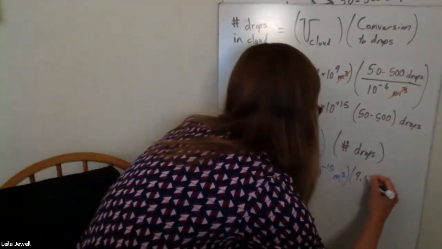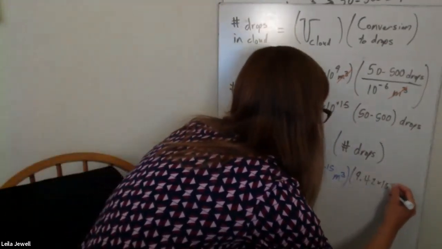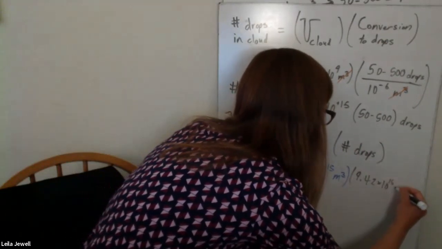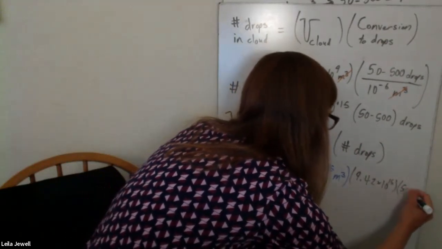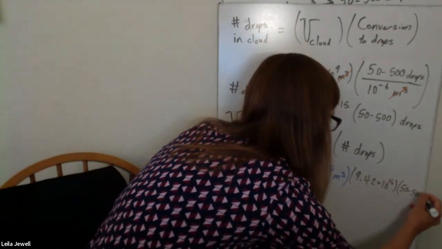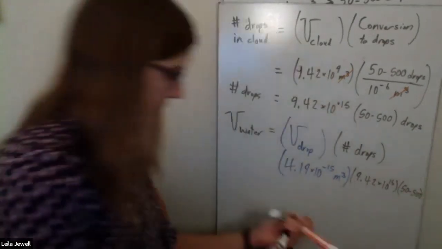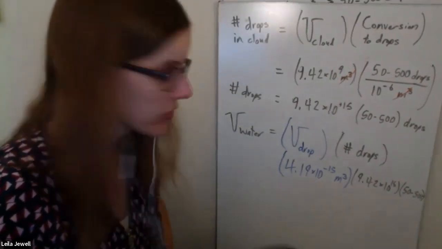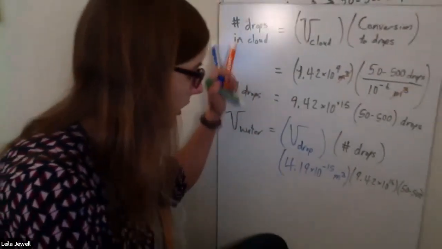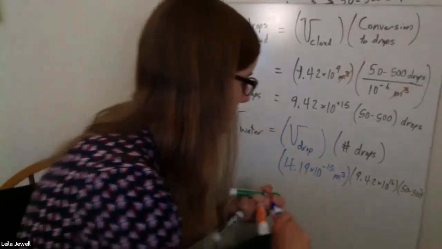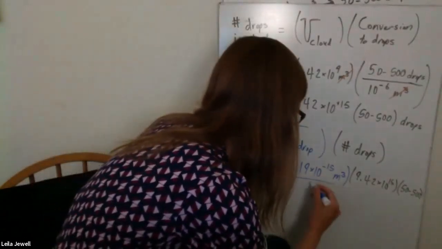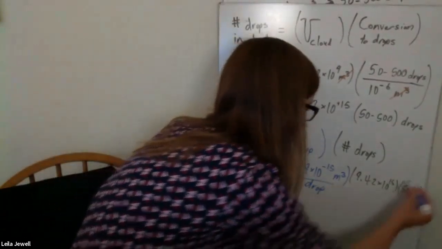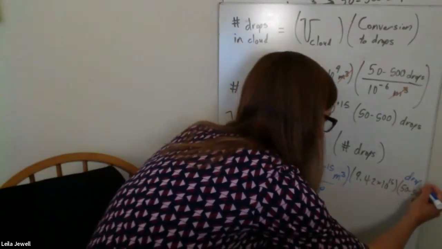So 9.42 times 10 to the positive 15, and then times 50 to 500. And the drops kind of just drops out. You don't have to worry about that too much, or you could think about this as a volume per 1 drop. So then if you multiply by a number of drops, that would indeed cancel out.